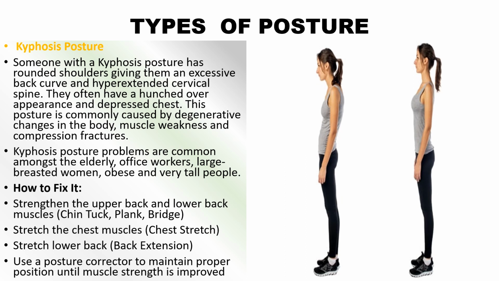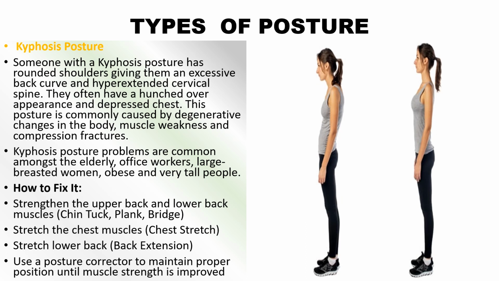Very tall people also have this posture. So how to fix this? Strengthen the upper back and lower back muscles, chin tuck, plank, and bridge. Stretch the chest muscles. Stretch the lower back, back extension. We must stretch our lower back.